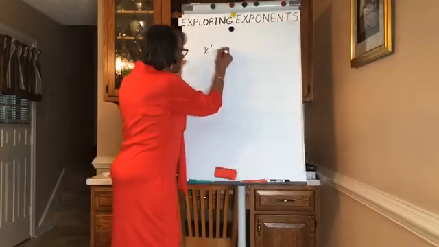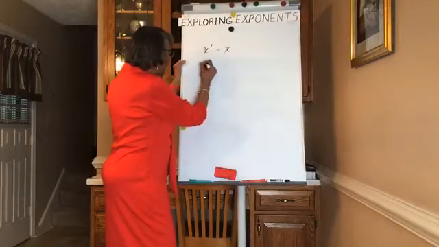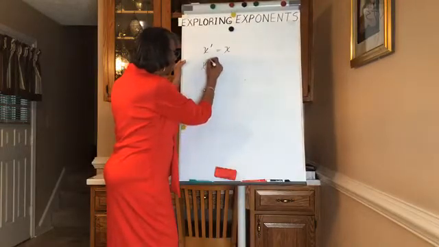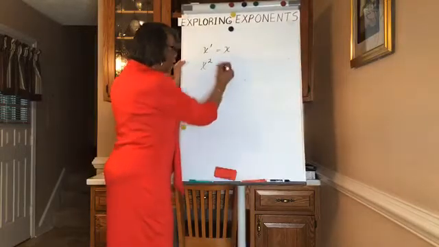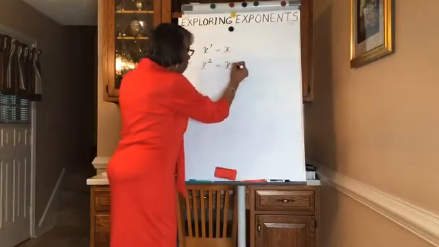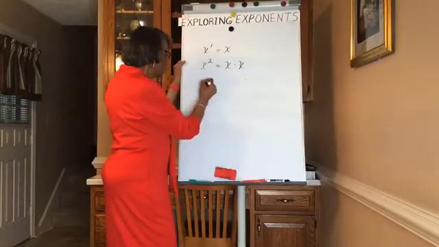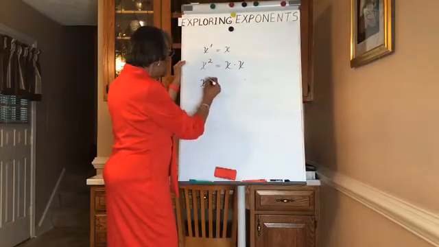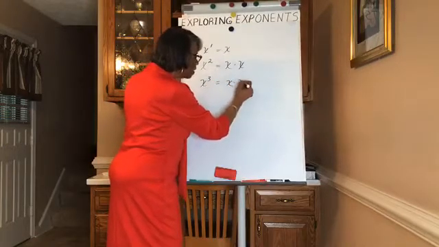Okay, of course we said that's going to be x because it's only one. All right, x to the 2nd power is what? X times x. All right. X to the 3rd power is x times x times x.